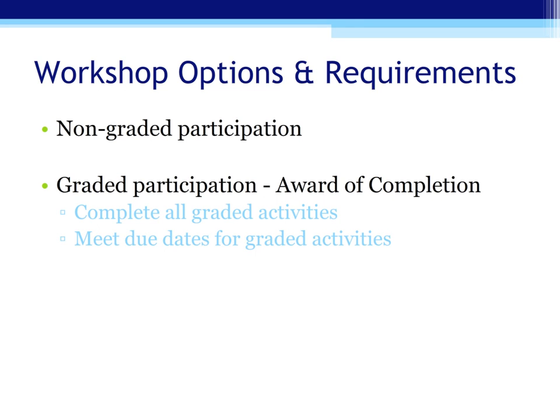The graded option, which leads to an award of completion, has specific learning objectives and supporting graded activities that must be completed satisfactorily and by the due dates listed in your workshop. You do not have to notify us which option you choose. If you complete the graded activities satisfactorily during the scheduled dates of the workshop, you will be able to download your award of completion.